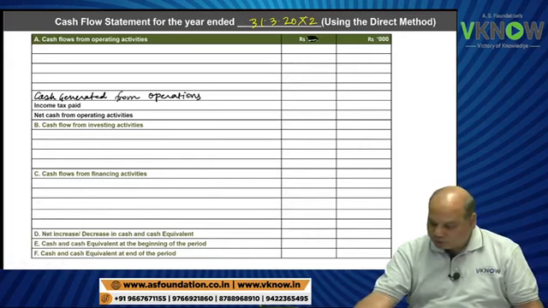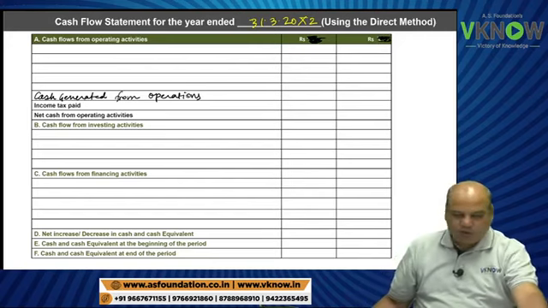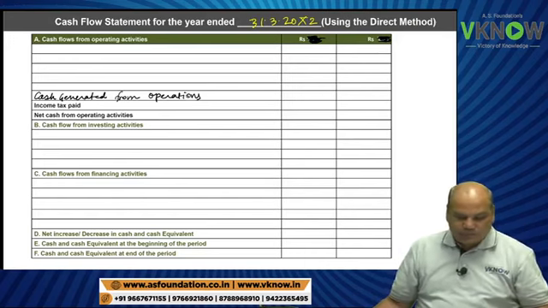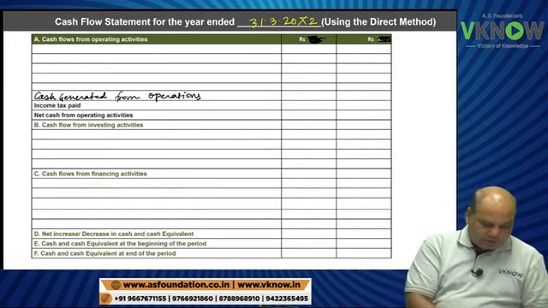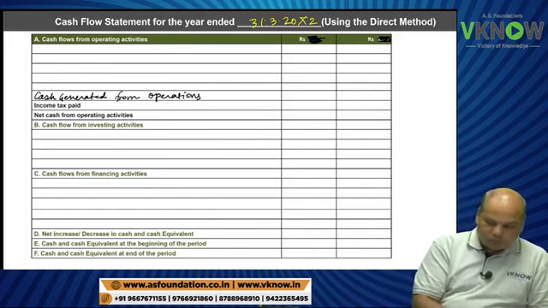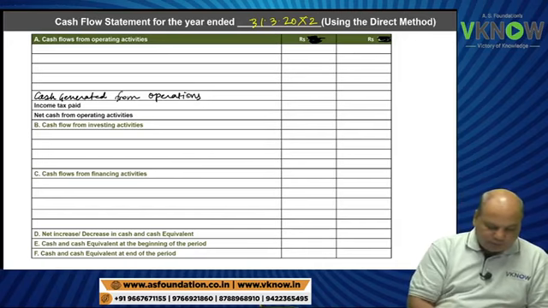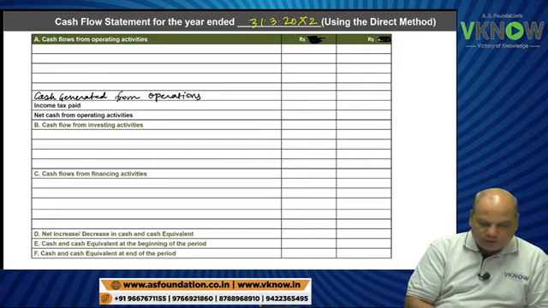Right hand side two columns. Rupees, rupees. And then you write down point number A. Cash flow from operating activities.